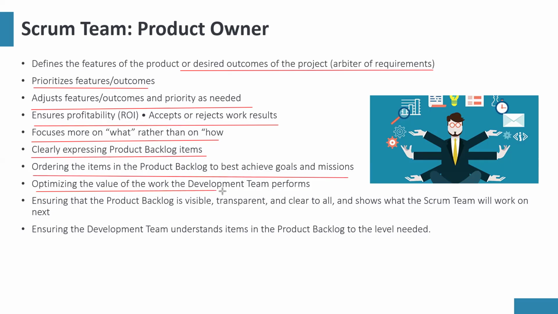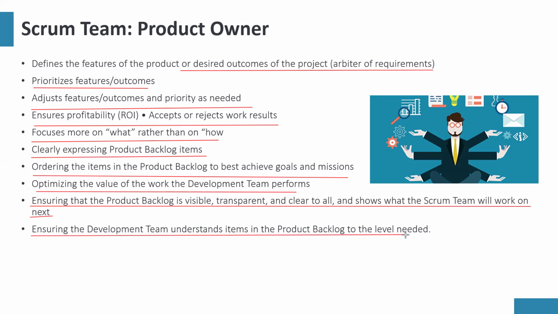They optimize the value of the work the development team performs. They ensure that the product backlog is visible, transparent, and clear to all, and shows what the Scrum team will work on next. They ensure the development team understands items in the product backlog to the level needed.